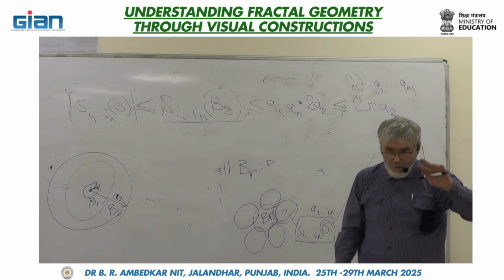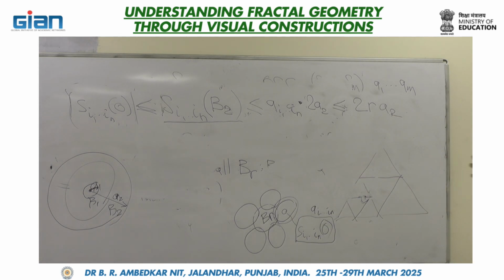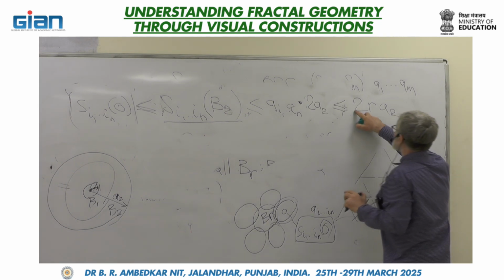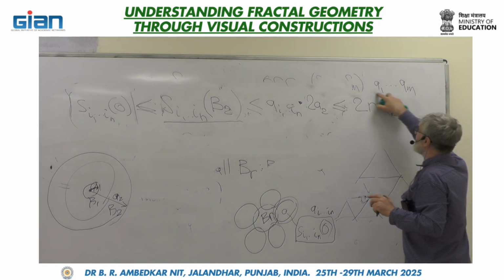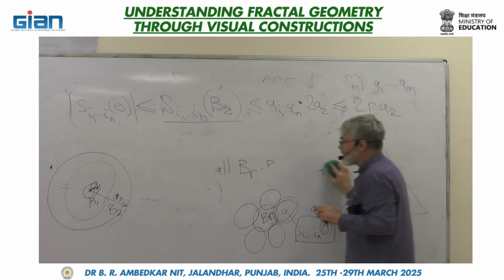Okay, so all these balls have radius less than RA2.